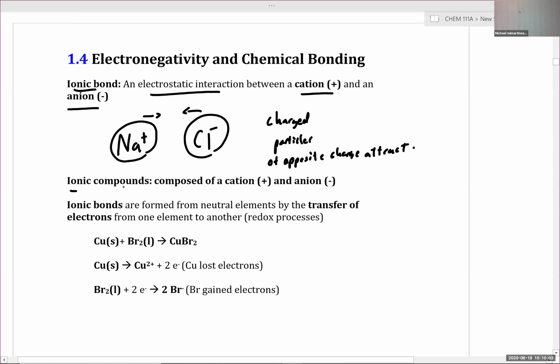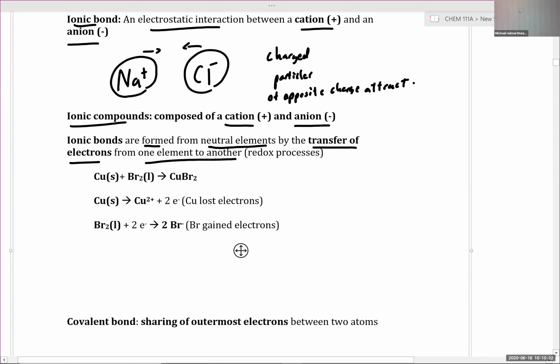Now, ionic compounds are composed of a cation and an anion. Ionic bonds are formed from neutral elements via the transfer of electrons from one element to another. There's not a sharing of electrons. It's more as if one element gives electrons, loses electrons, and the other element takes electrons, or gains electrons.